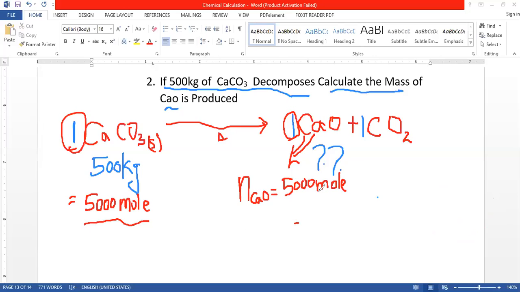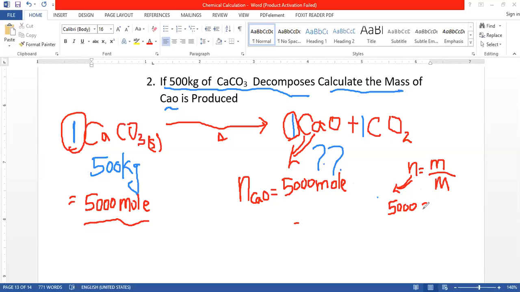So I'm going to use another equation: n is equal to given mass over molar mass. I know n of calcium oxide, the mole of calcium oxide, is 5,000.